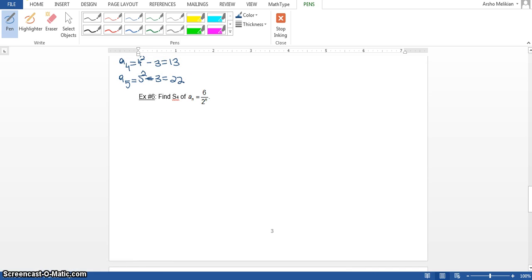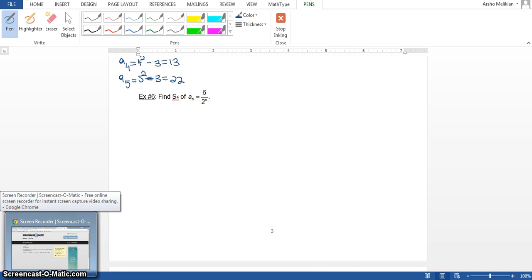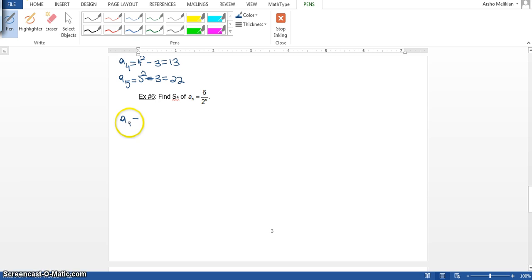We want to find S4 of this. So we need A1, 6 over 2, 3. A2, 6 over 2 squared. This is 6 over 4, which is 3 over 2. Six over 2 cubed, 3 over 4.